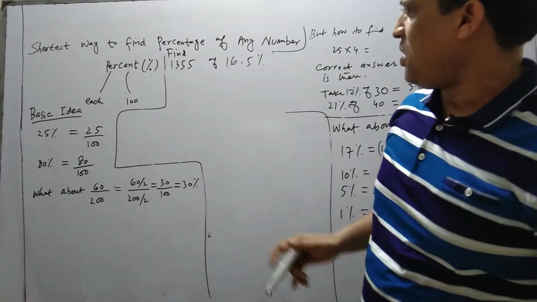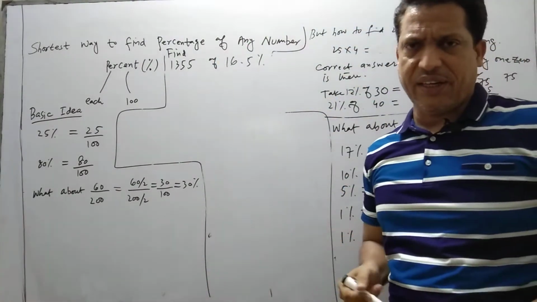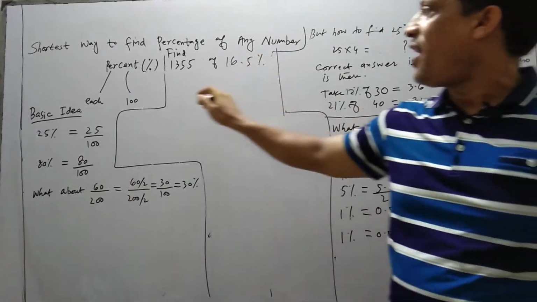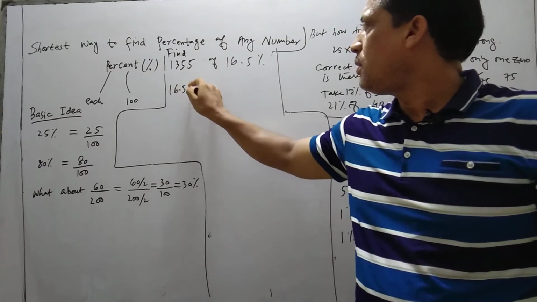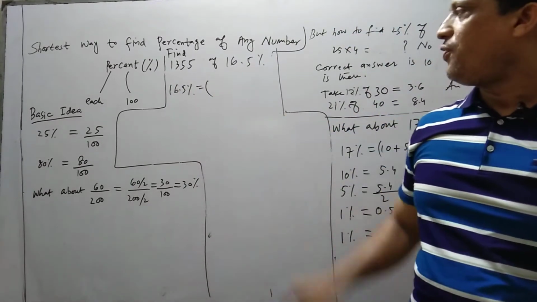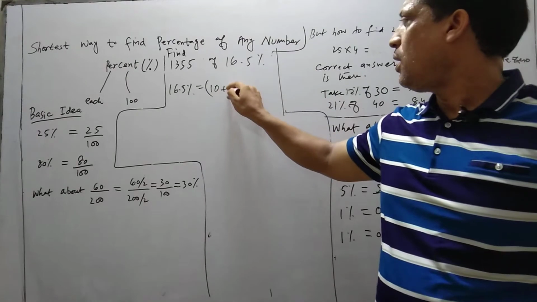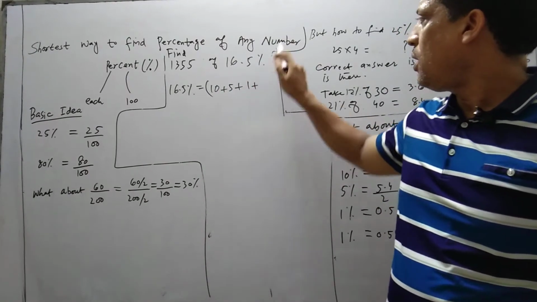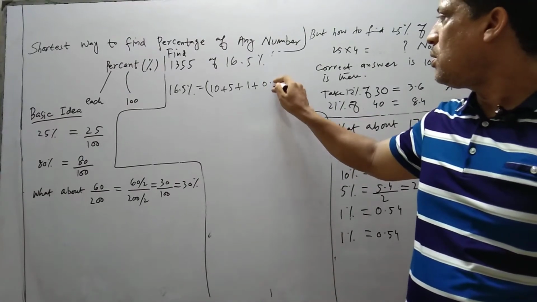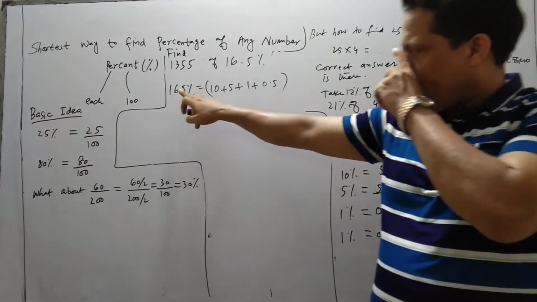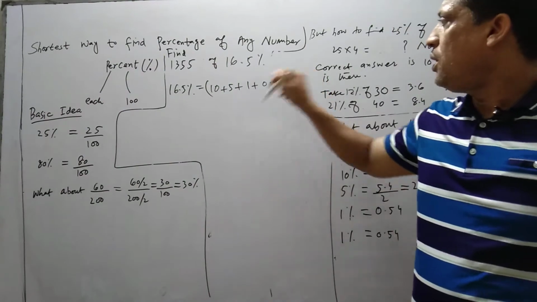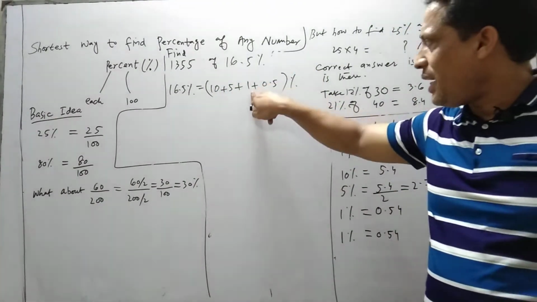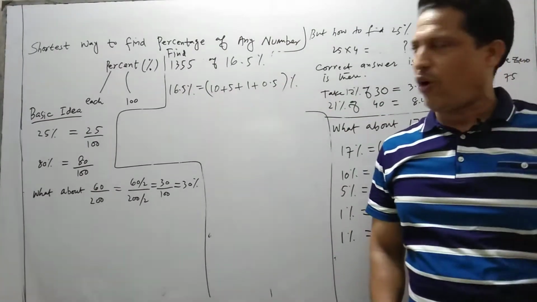If you look at this question, it looks very difficult, but if you split 16.5% in this form, like 10 plus 5 plus 1 plus 0.5. Look at this: 16.5 is equal to 10 plus 5 is 15, 15 plus 1 is 16, 16 plus 0.5 is 16.5.